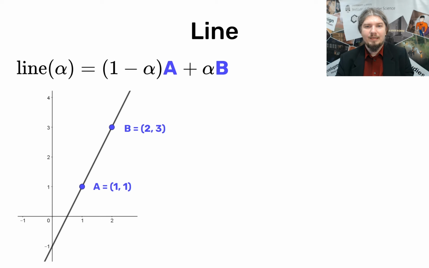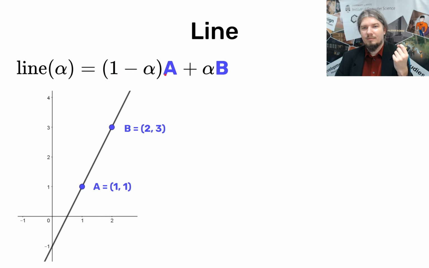Now, how to mathematically do that? So in the first case, we could define this parametric equation, and it's parametric because we have this one parameter and we put in real numbers into this parameter, and this will give us points on the object. So in this case a line, and if we define it like that, the coefficient for A would be 1 minus alpha and the coefficient for B would be just alpha, our parameter, then we will get points on the line if we put real numbers in there. And you can think about, if you put in 0, what happens?